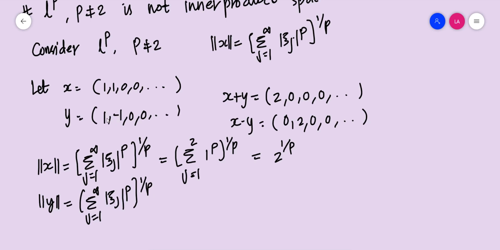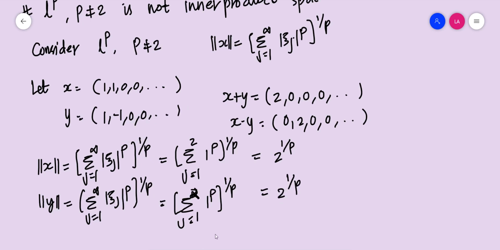So this is the summation from j equal to 1 to 2 of 1 raised to p, the whole raised to 1 by p, because the modulus of 1 and minus 1 is always 1, and after the second term all other terms are 0. So this is also equal to 2 raised to 1 by p.